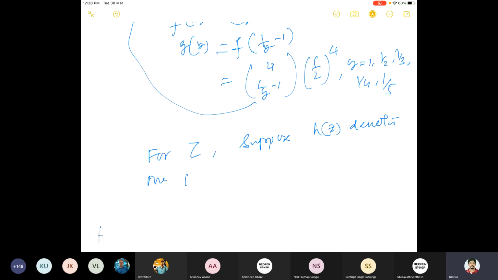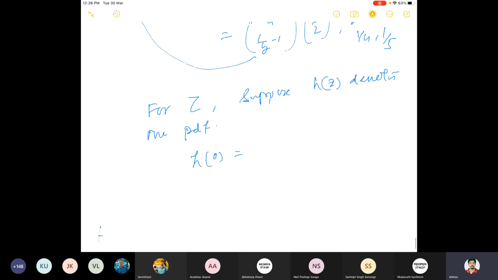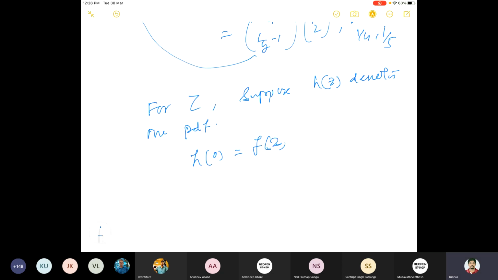So z can take the value 0 when x is equal to 2, because the choices of x are 0, 1, 2, 3, 4. So z equals 0 only when x equals 2. So then this will be nothing but f(2), which is already known to us, which is 6/16.